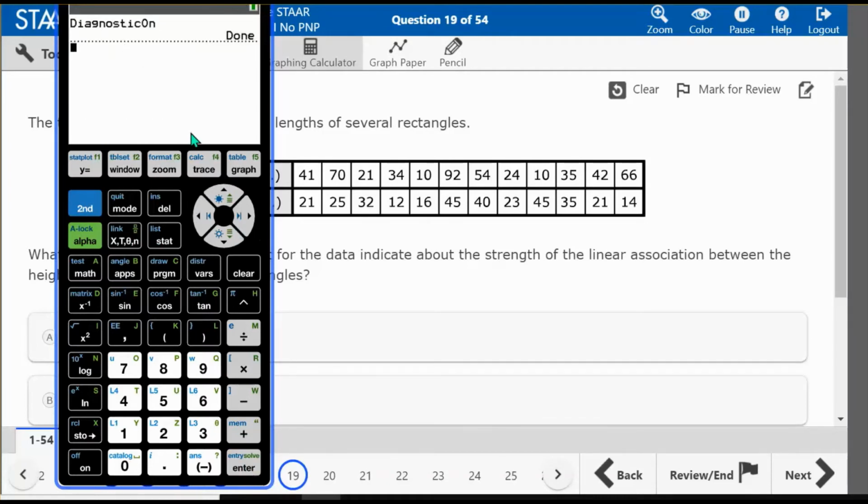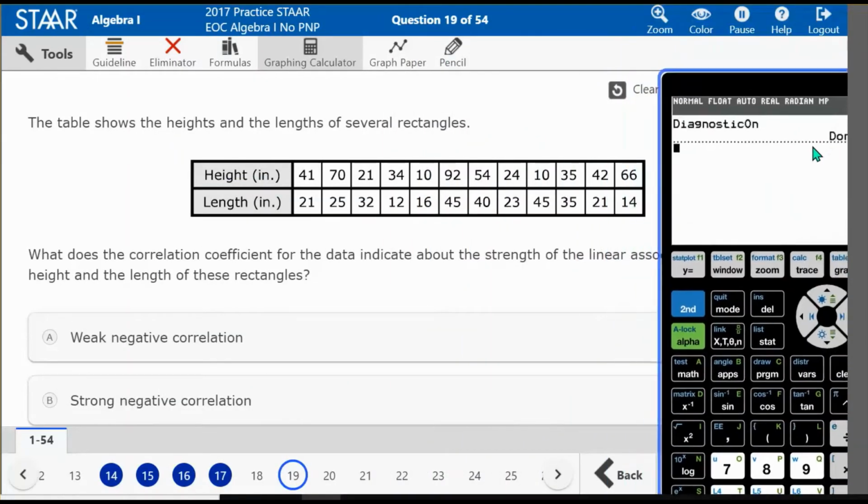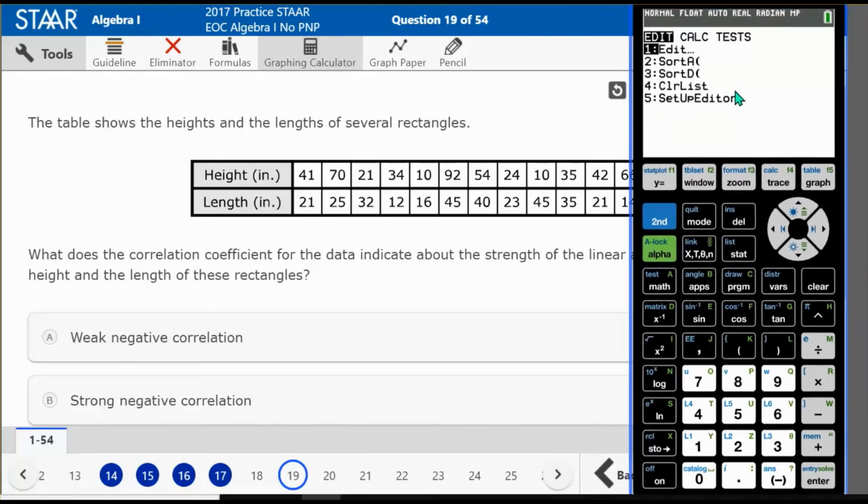So we know this is a linear function. When it's a linear function, we have to look for the r squared. Now our diagnostic is on, so we have to plug all these values into stat. I don't want to waste time showing how to plug in the values.